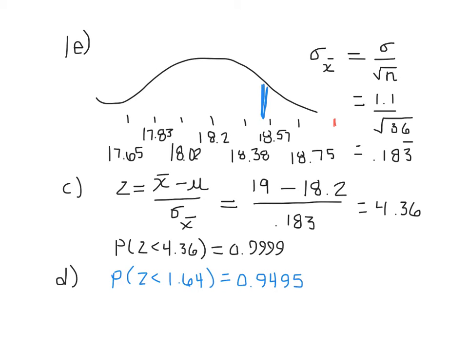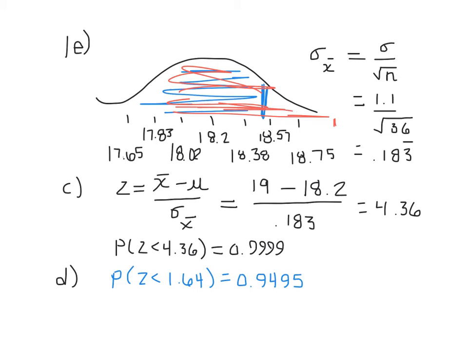So let's try to picture this a little bit further. What we've just determined is that the area below that blue line that I drew there is equal to about 0.9495, and in C, we determined that the area that is below that red line that I drew is much greater. Well, not much greater, but it is greater, equal to about 0.9999.